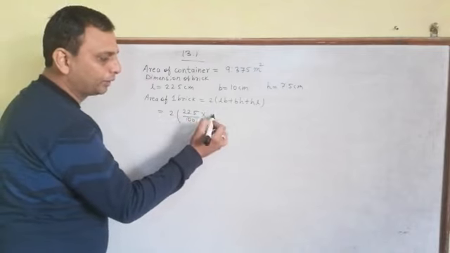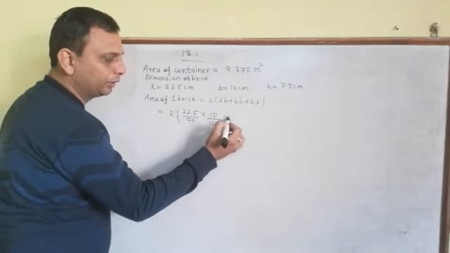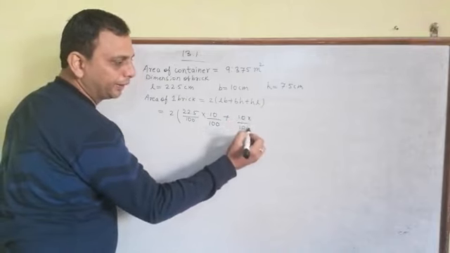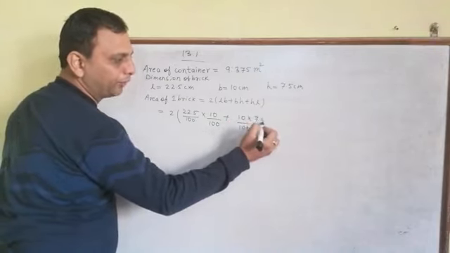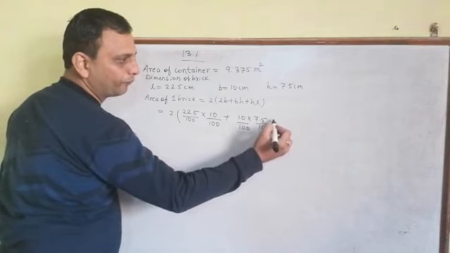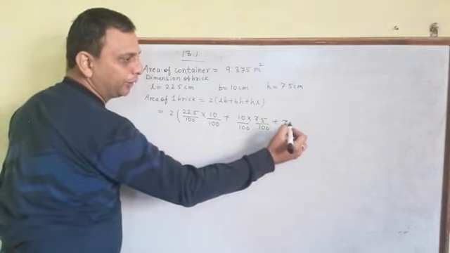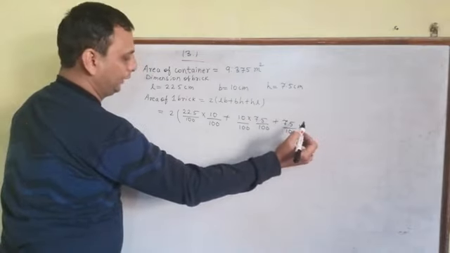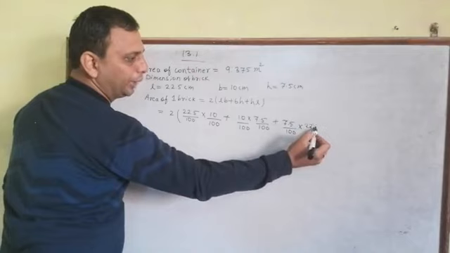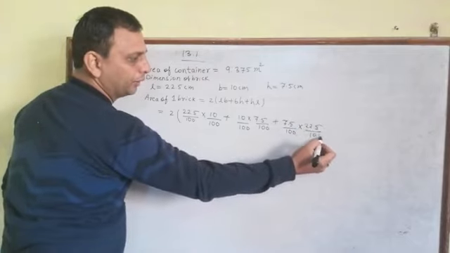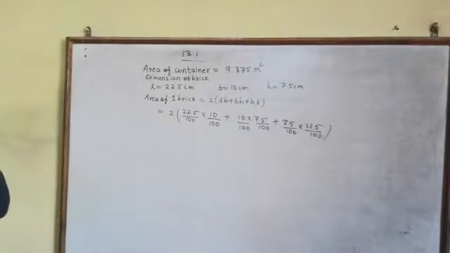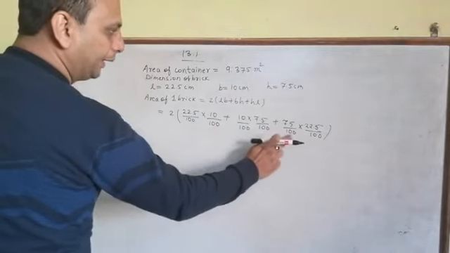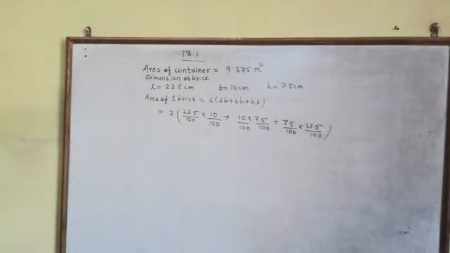Width 10 upon 100, plus 10 upon 100, and height 7.5 upon 100, plus 7.5 upon 100 times length, 22.5 divided by 100. So this much calculation we have to do: length into breadth, breadth into height, height into length.